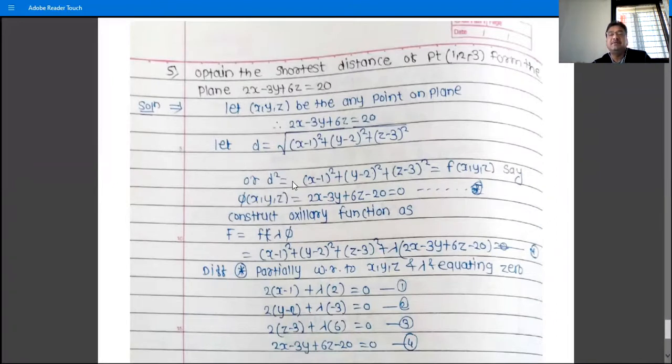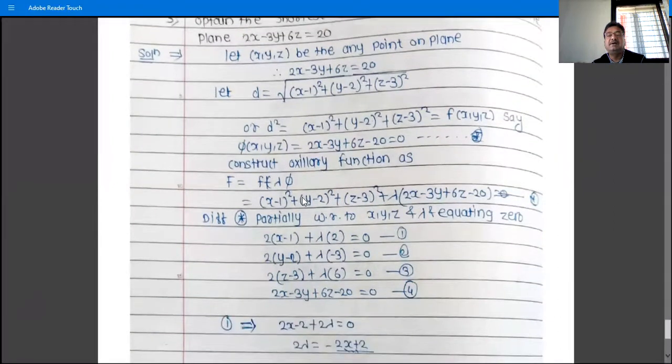In order to simplify the calculation, instead of d we take d squared. That's why we can find derivatives of this quantity with respect to x, y, z easily.